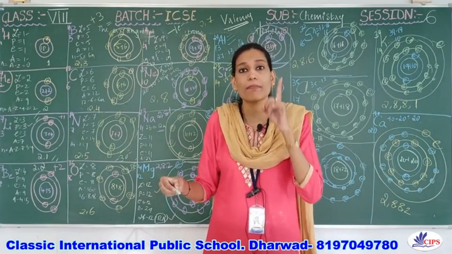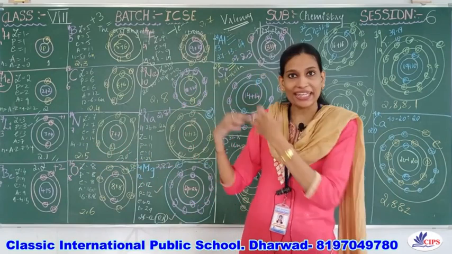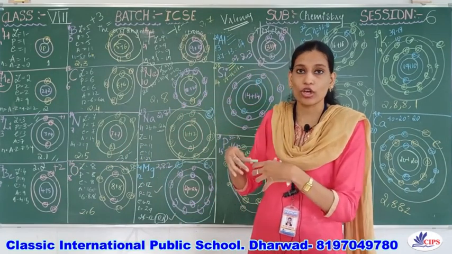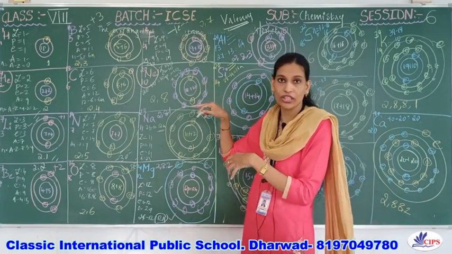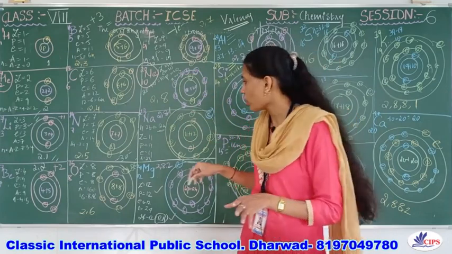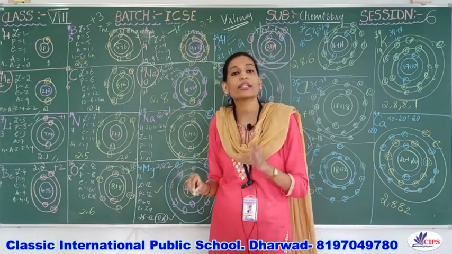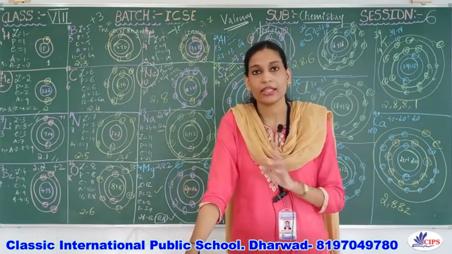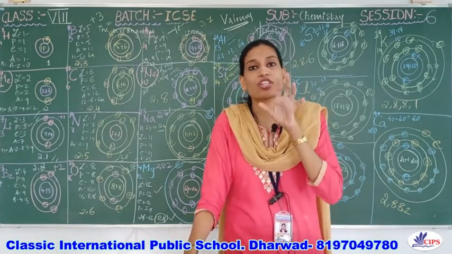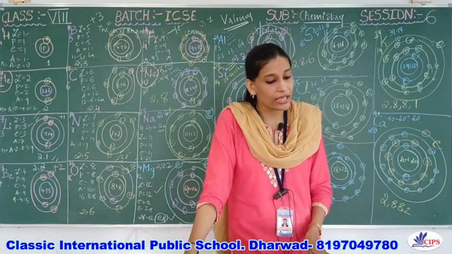They are always metals. Whereas those elements which gain the electron, which want the electron to fulfill the noble gas configuration, are all non-metals, like oxygen, like fluorine. These are all non-metals, and the charge on them is negative.